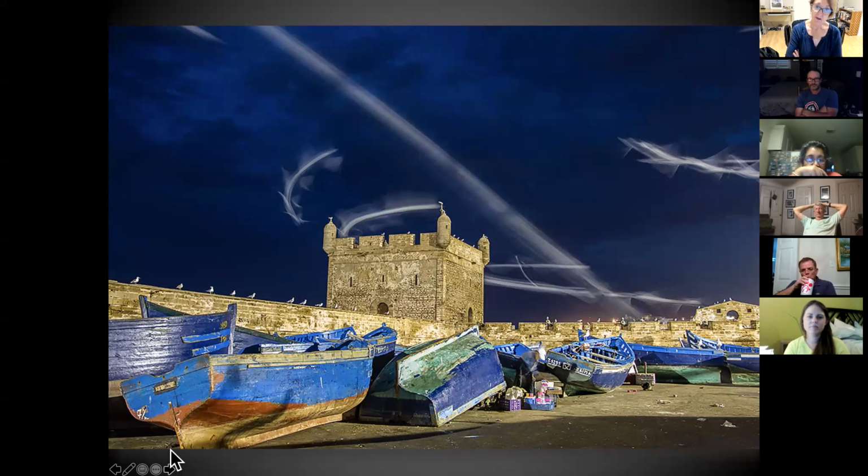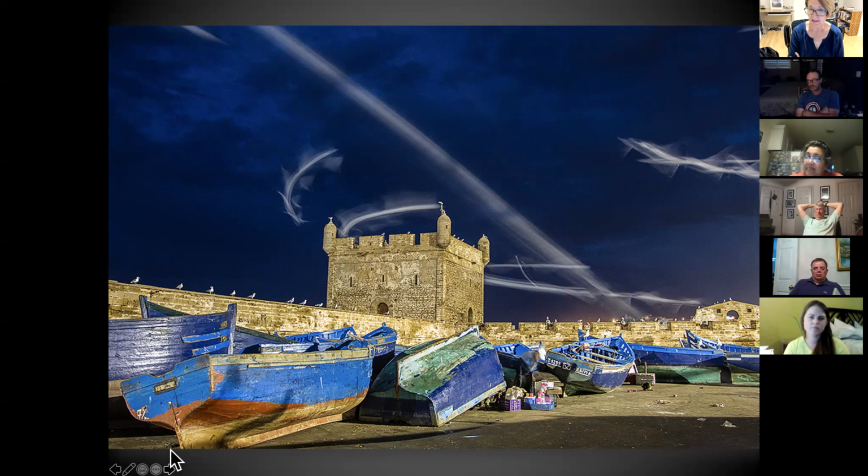And then you can also paint with light just through using something like a lamppost. So this is the harbor in Essaouira, Morocco, and there's a giant, huge street light behind me. And it's lighting up the harbor, of course.